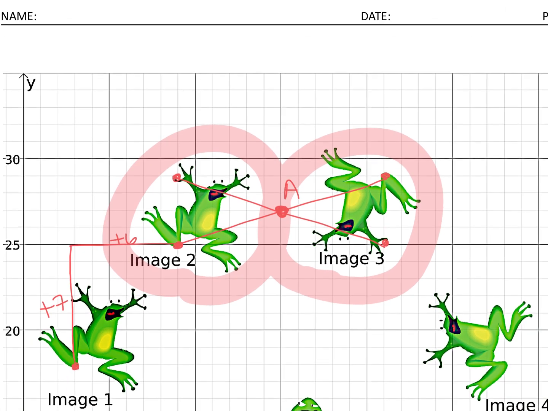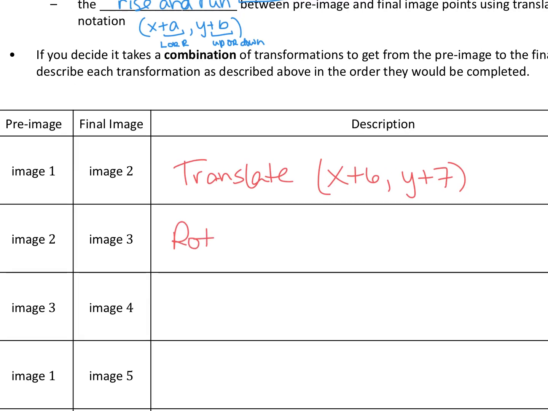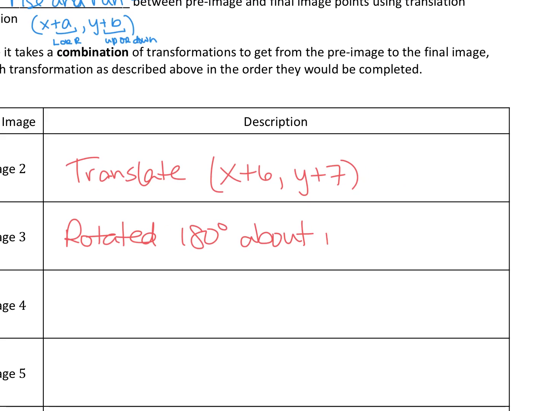Okay, so let's go up to the table and say it was rotated 180 degrees about point A, which is at 15, 27. Okay, and I didn't specify clockwise or counterclockwise because 180 counterclockwise and clockwise is equivalent. Okay. All right, let's do our next one.